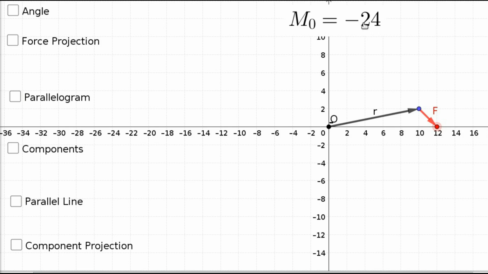We're still at minus 24. So we can move R in the direction of F or F in the direction of R, the tip, without changing the moment.